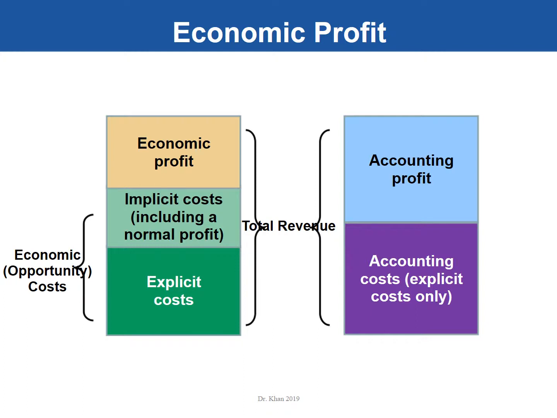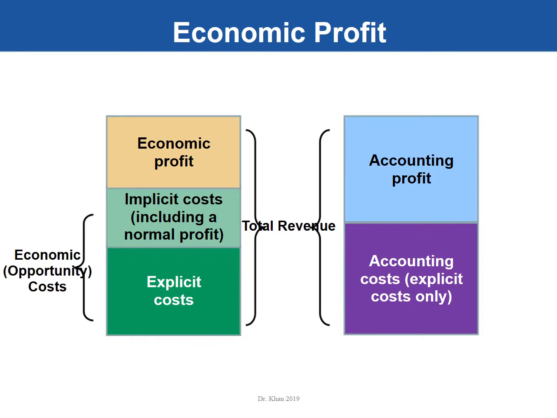But in order to get the yellow box economic profit, we need to not only subtract explicit cost, we also need to subtract implicit cost, and then we get to this economic profit box. So here we see that generally, due to the fact that economic profit cares about implicit and explicit both kinds of cost, economic profit is smaller in size than accounting profit.